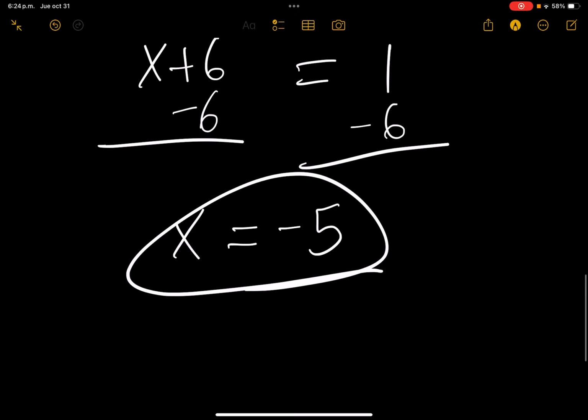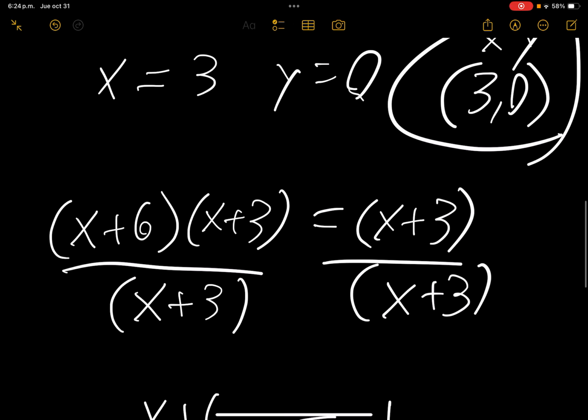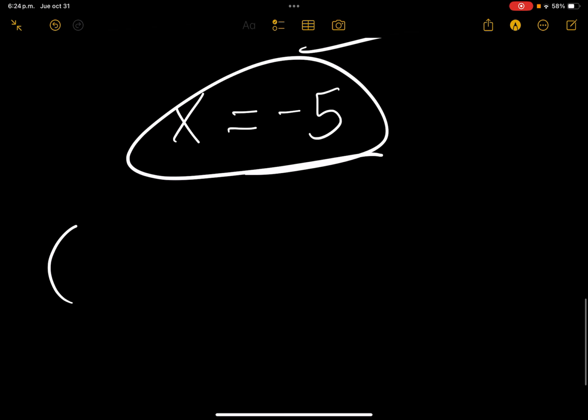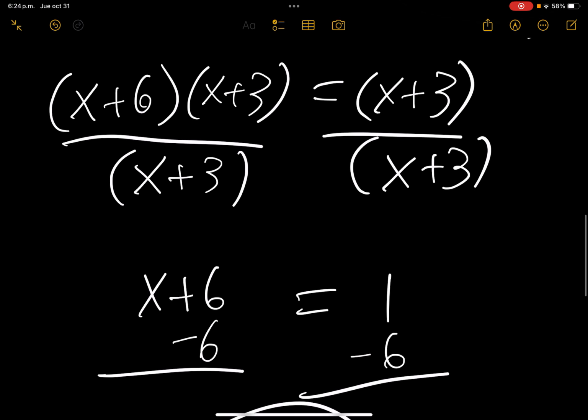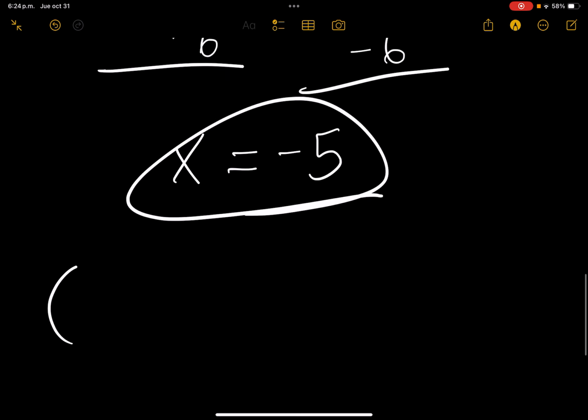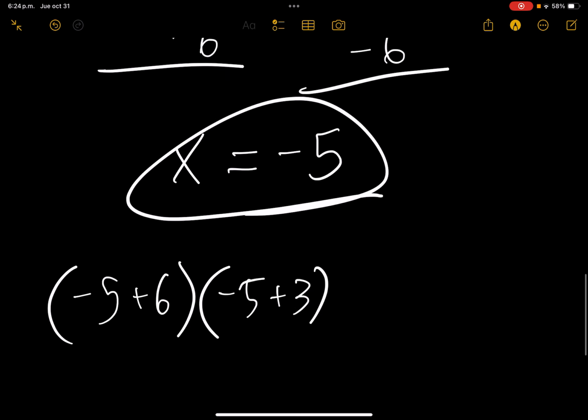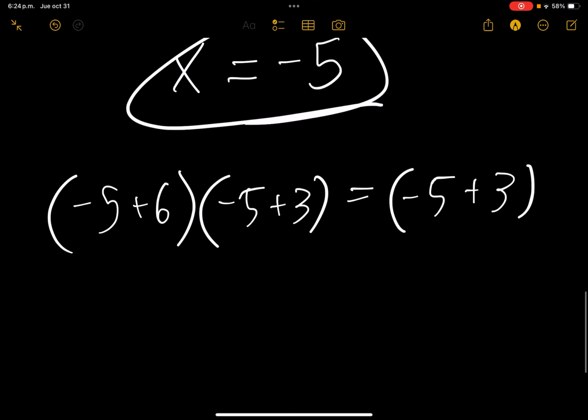Bam! Now, that doesn't give you a y value, so we've got to go back to the equation, the x plus 6, x plus 3, and we go negative 5 plus 6, negative 5 plus 3, equals negative 5 plus 3. What's this? This is 1 times negative 2, which equals negative 2.